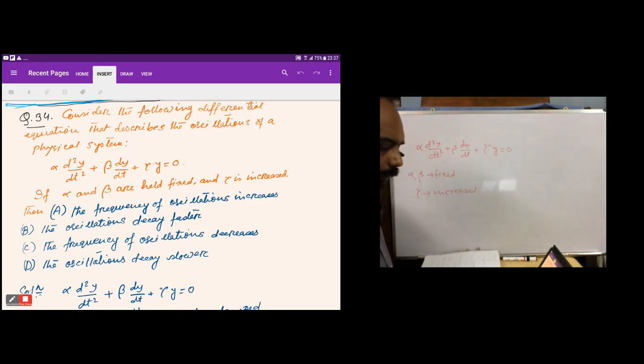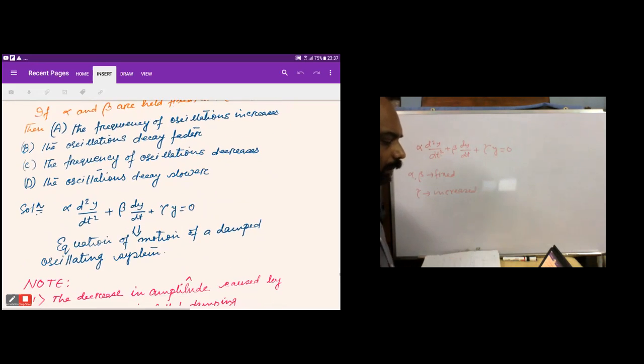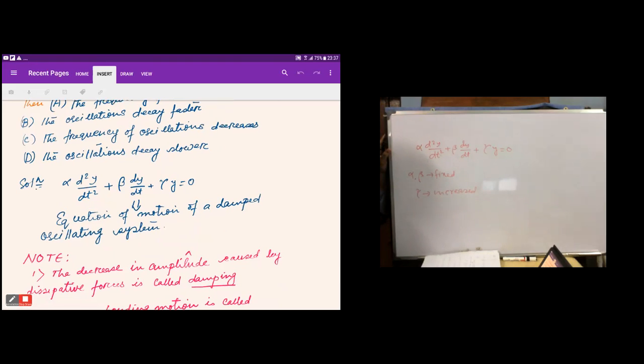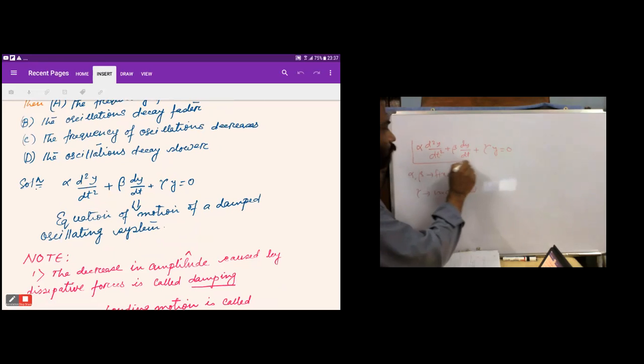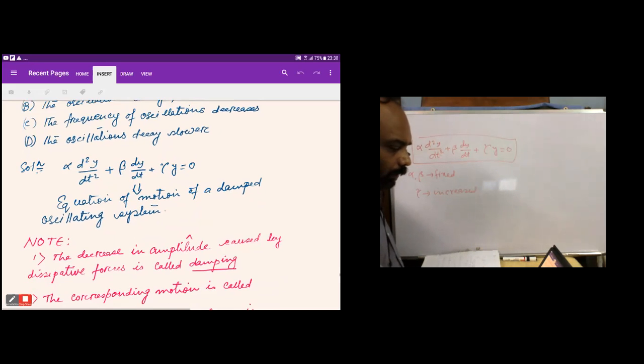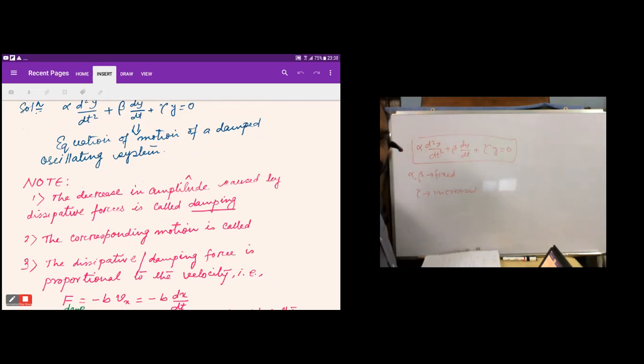So this is basically the equation of motion of a damped oscillating system. I have mentioned a few notes.